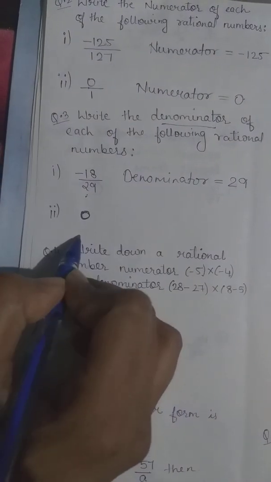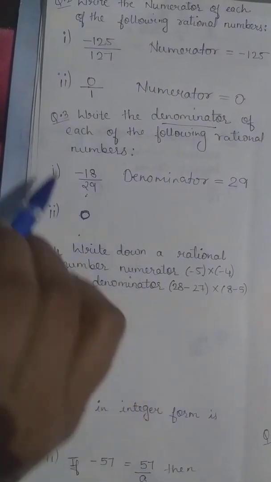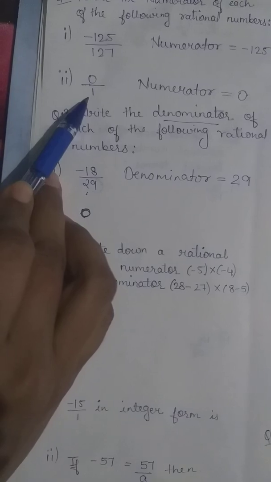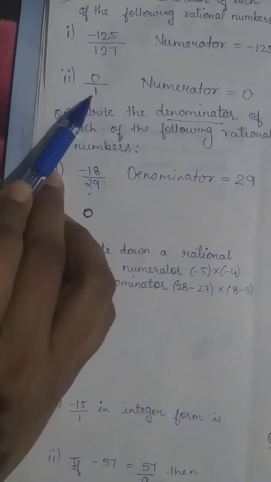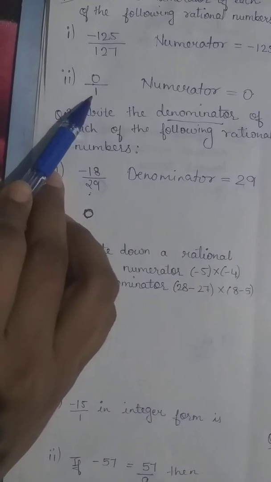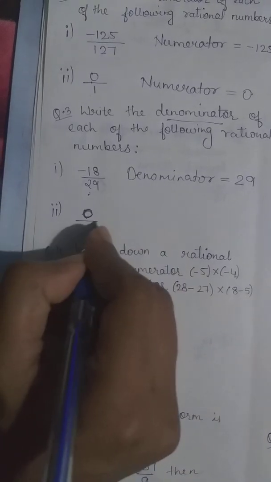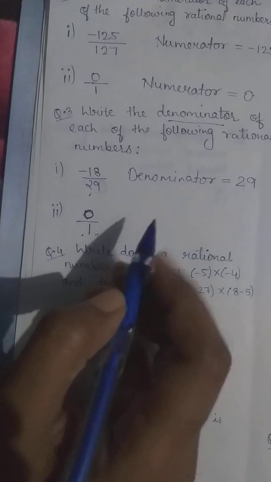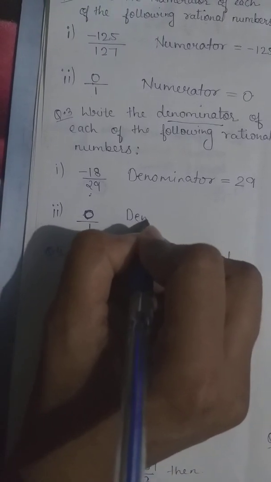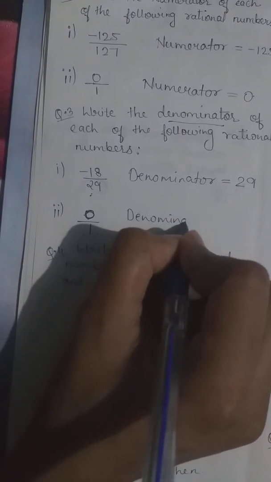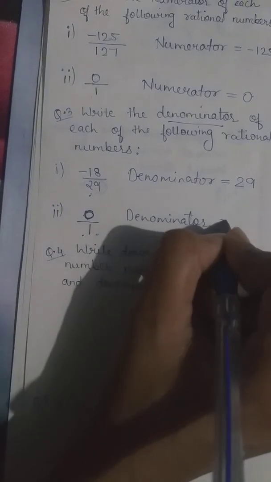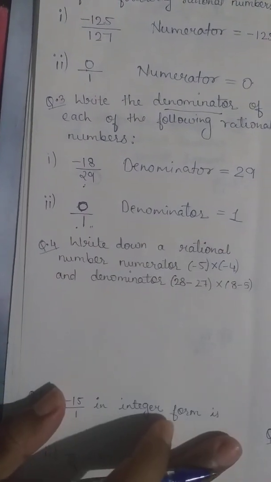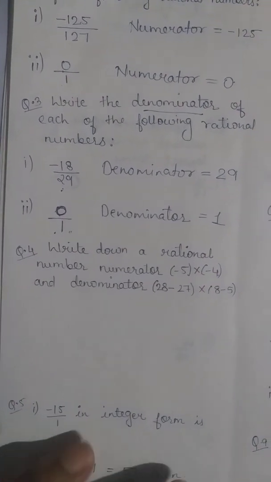And what about here? Just now I have told you, when there is no number in the denominator, we put the number 1. So here I'll write upon 1. So 0 by 1, so 1 is the denominator. So here I'll mention the answer. Denominator is equal to number 1.